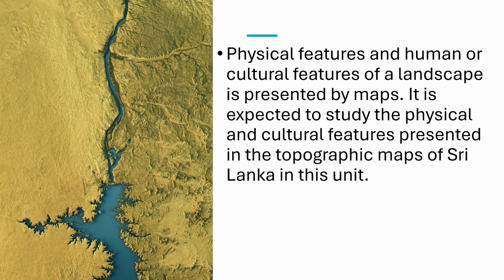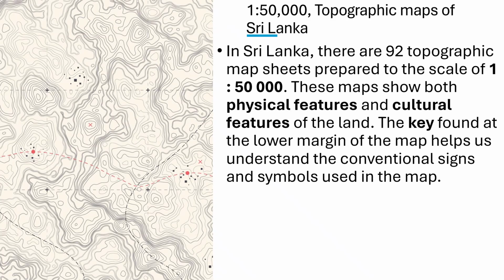Physical features and human or cultural features of a landscape are presented by maps. It is expected to study the physical and cultural features presented in the topographic maps of Sri Lanka in this unit. 1 to 50,000 topographic maps of Sri Lanka: in Sri Lanka, there are 92 topographic map sheets prepared to the scale of 1 to 50,000.